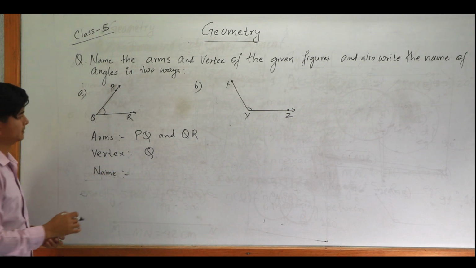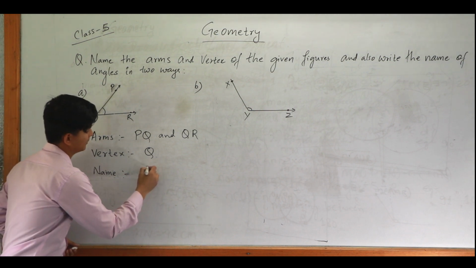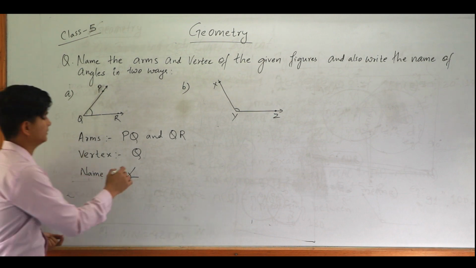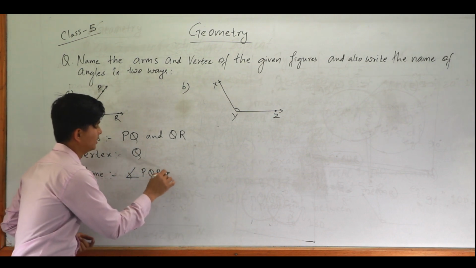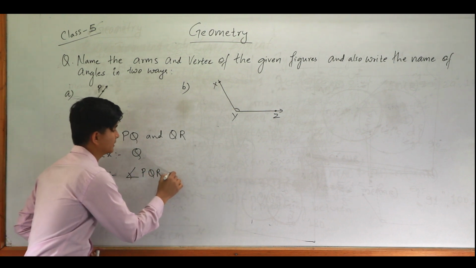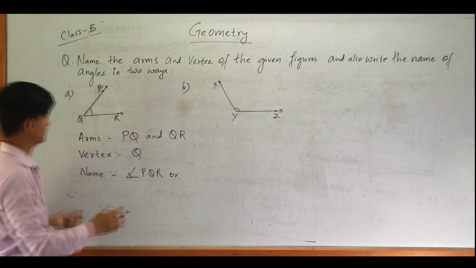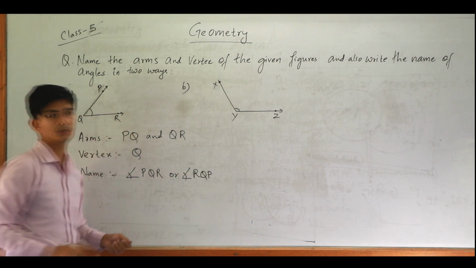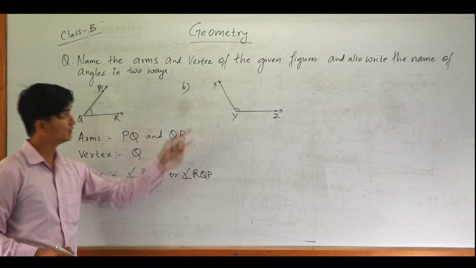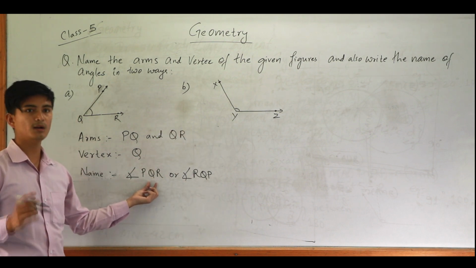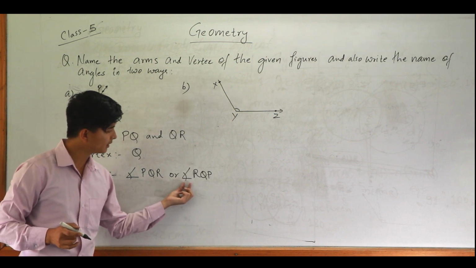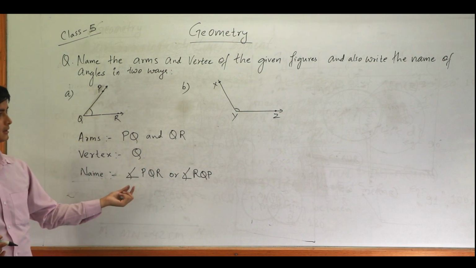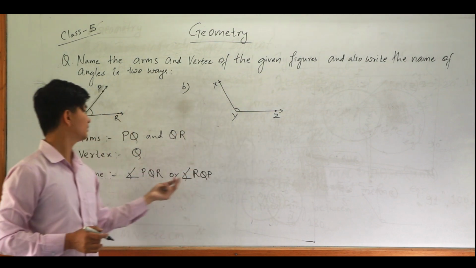So we can call this angle as, this is the symbol for writing angle, so you can write here angle PQR, or angle RQP. Okay, so this is the name in 2 ways: angle PQR or angle RQP. So these are the 2 arms, this is the vertex.